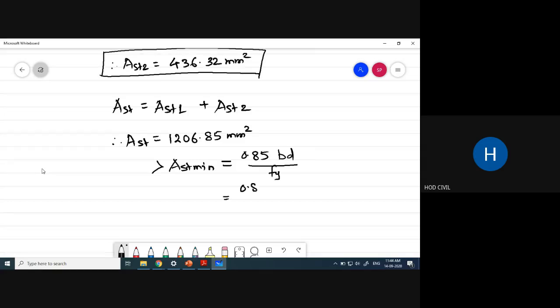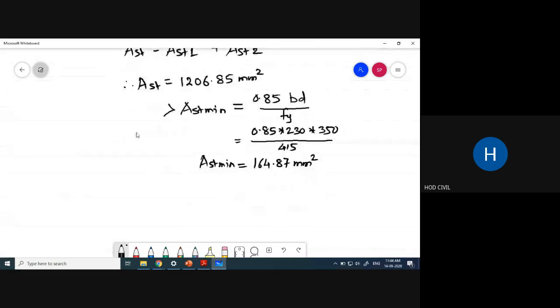It is 0.85 into B is 230 into D is 350 divided by Fy is 415. 164.87, and our AST required is greater than AST minimum, so that's fine. Suppose your AST calculated is not coming greater than AST minimum. In that case, you have to provide the minimum area of the steel.